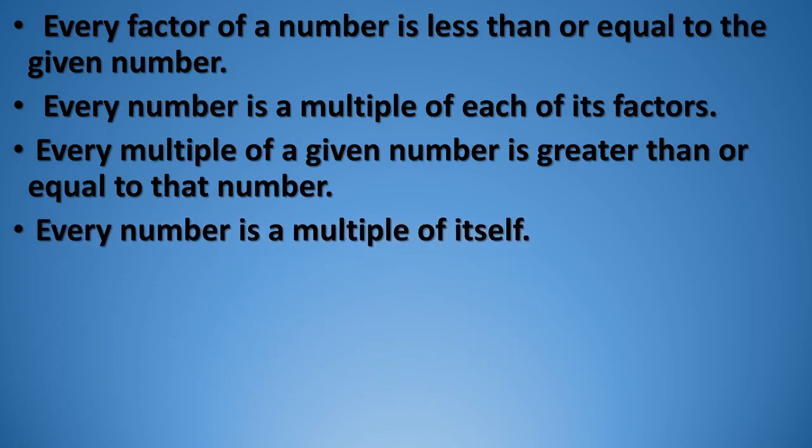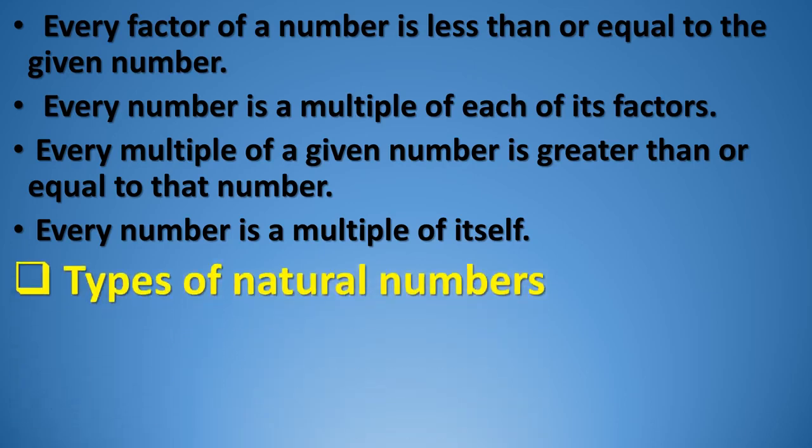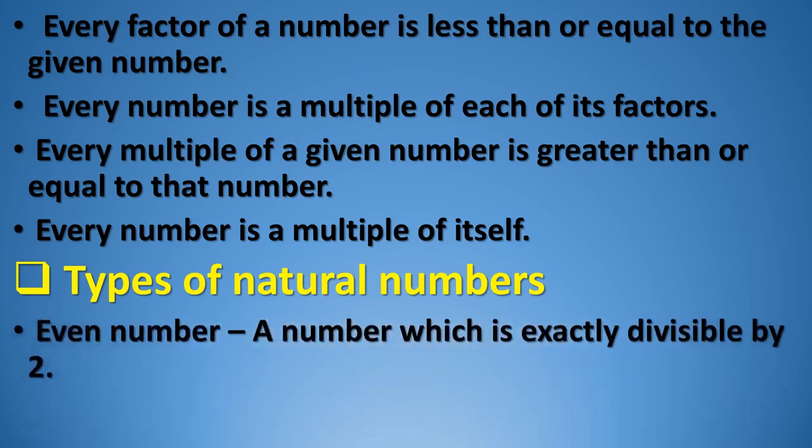Okay. Now next we will do types of natural numbers. First is the even number. A number which is exactly divisible by 2 is called an even number. Or if the ones place is either 0, 2, 4, 6 or 8, then these numbers are called even numbers.